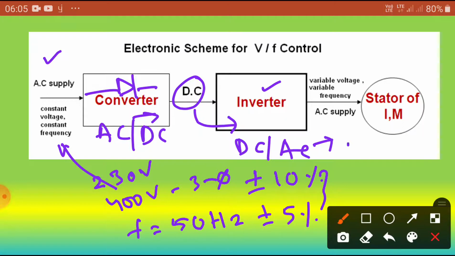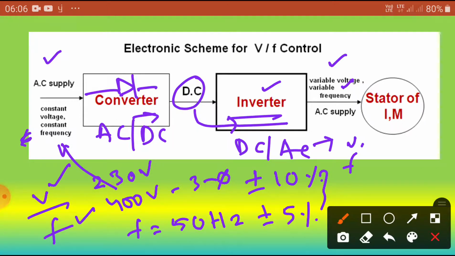I can change the voltage, I can change the frequency, independent of the DISCOM frequency. So by using the inverter, I can get variable voltage, variable frequency. That can be used in the V by F method. Variable voltage and variable frequency are available, and we can change them while maintaining the ratio constant. By changing them while maintaining V by F, we control the speed of the motor. This is the concept, dear students.